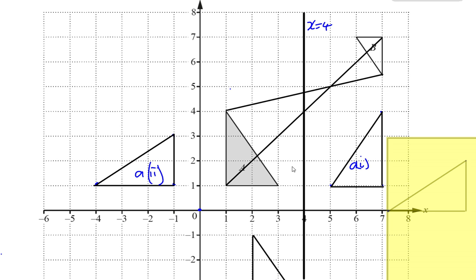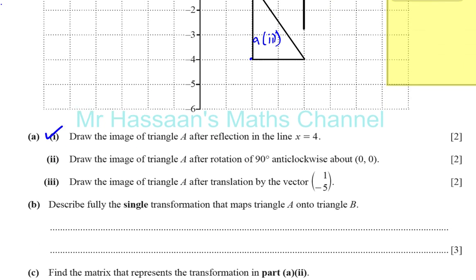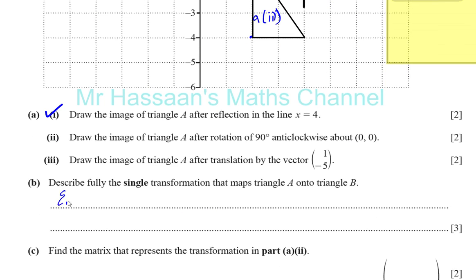If I did the same for the third point, they would also meet at that point. You just need 2 of them to pinpoint the center of enlargement. So here is the center of enlargement. Okay? I'll just call that E. And the coordinates of that point are 5 and 5. That's the center of enlargement. Okay, so when we describe this, we can say it's an enlargement.